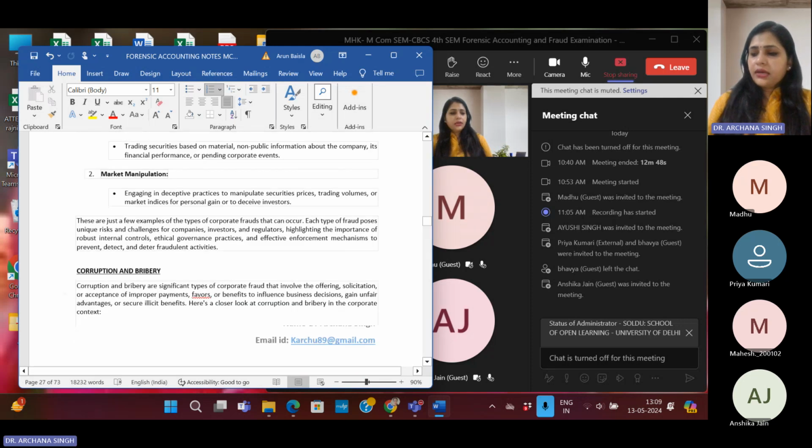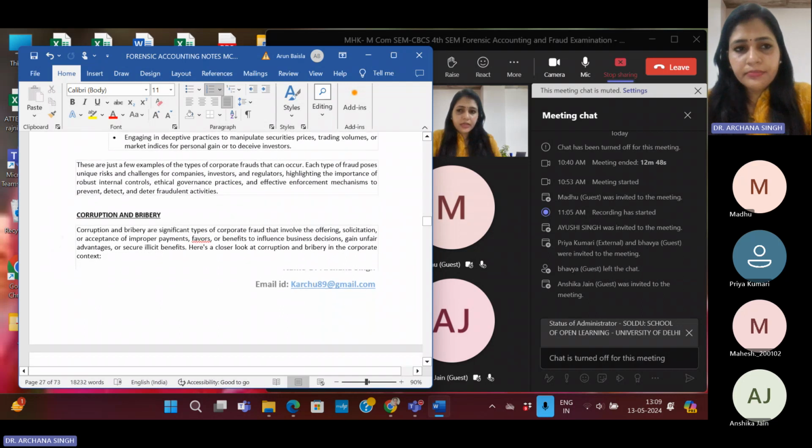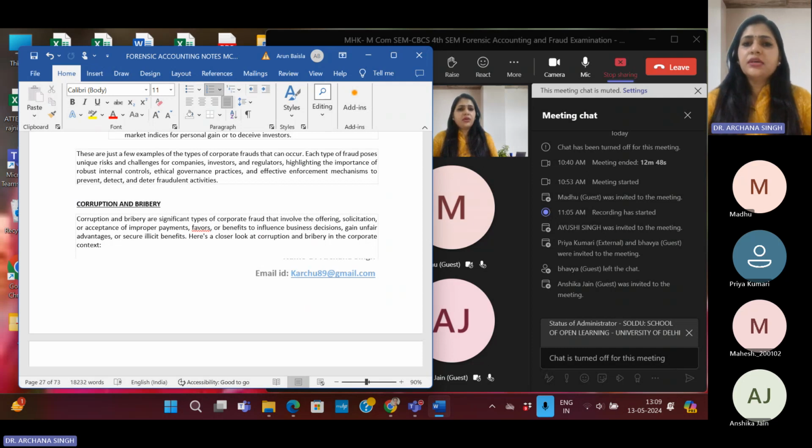Now, corruption and bribery. Next is corruption and bribery. Corruption and bribery basically are significant types of corporate fraud, which involve offering or accepting improper payments or favors to influence business decisions so that they can gain unfair advantages and illicit benefits.